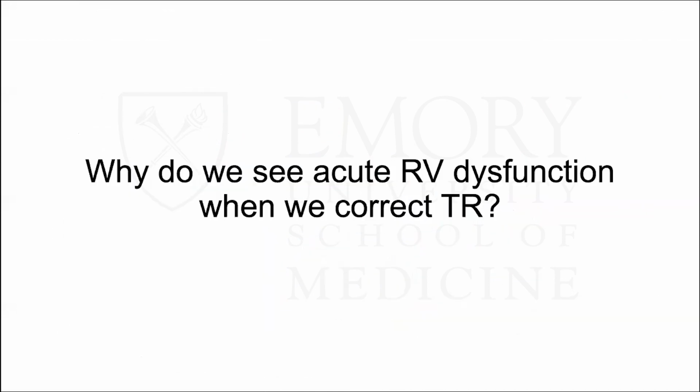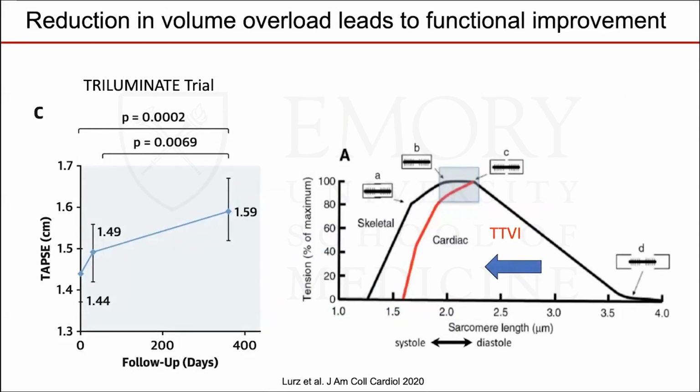Whereas here you can see that as we are increasing load on the ventricle, there's an increased response in contractility only to a certain extent. And when we bring about reduction in volume overload by, let's say, correcting TR in this particular scenario, we will improve contractility. You can see here there's a significant increase in TAPSE, as shown by the TRILUMINATE trial, after doing tricuspid valve intervention.